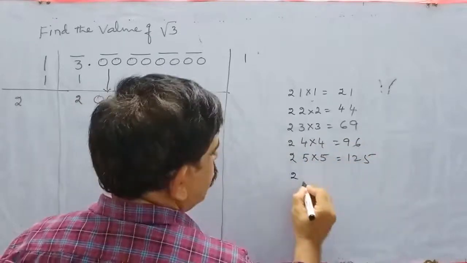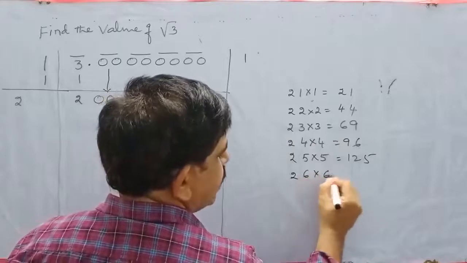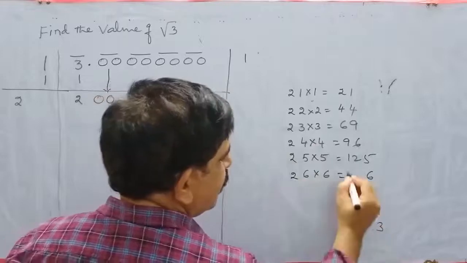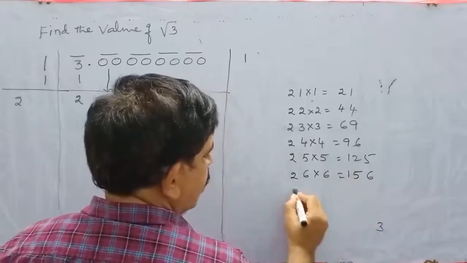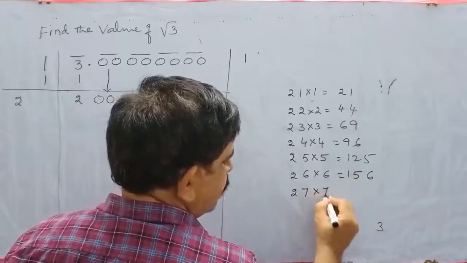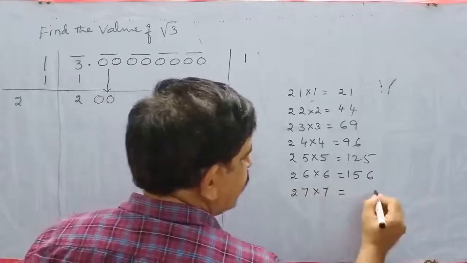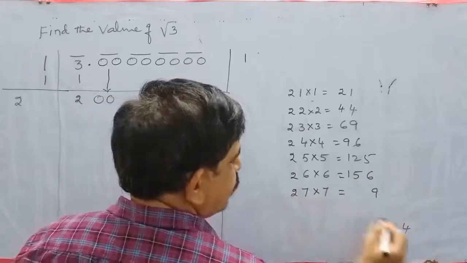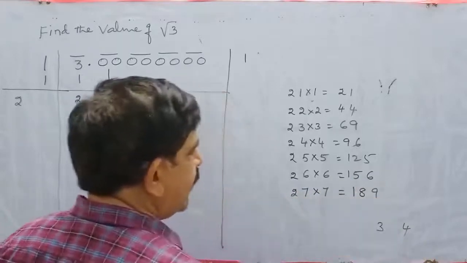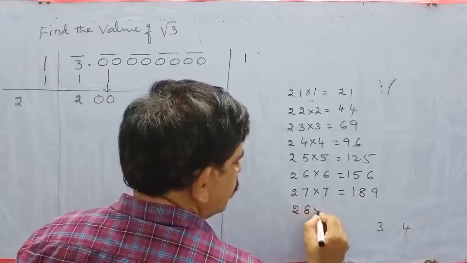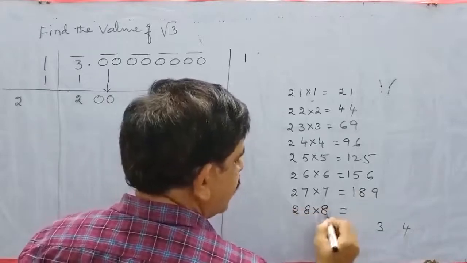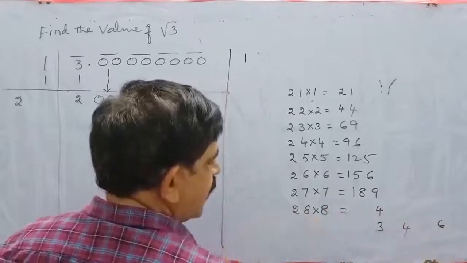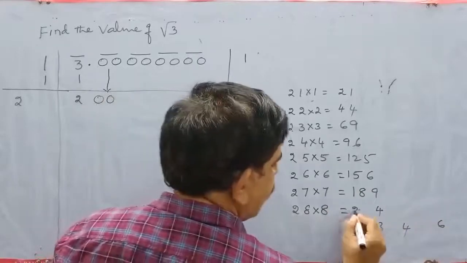Next 2, 6, 26 into 6, 6 6 are 36, 3 remainder, 6 2 are 12 plus 3 15. Next 2 7 into 7, 27 into 7, 7 7 are 49, 4 remainder, 7 2 are 14 plus 4, 18, 189. Next 28 into 8, 8 8 are 64, 6 remainder, 8 2 are 16 plus 6, 22.